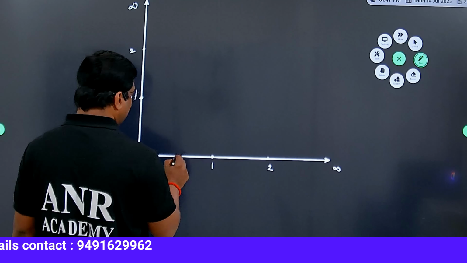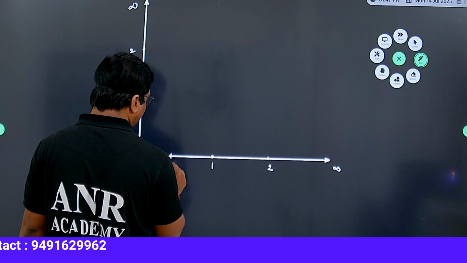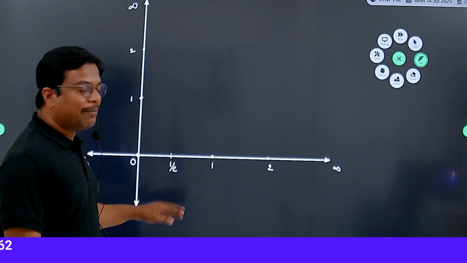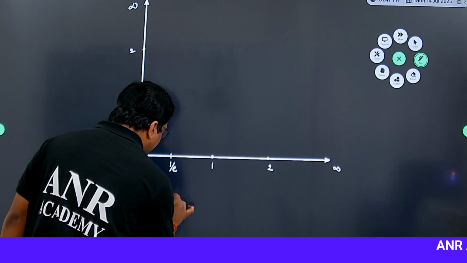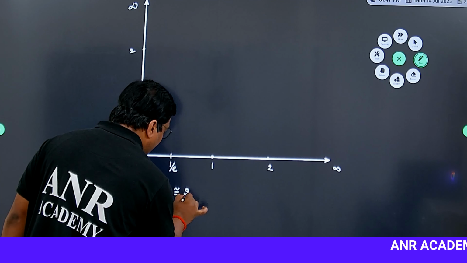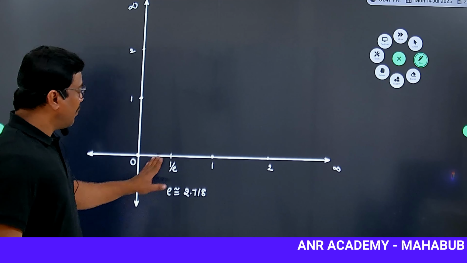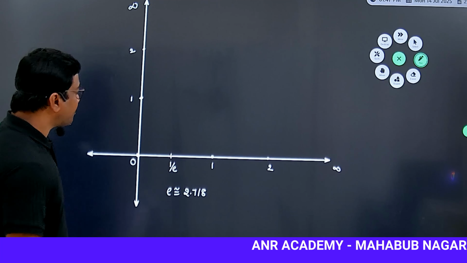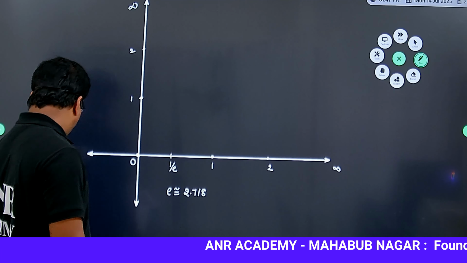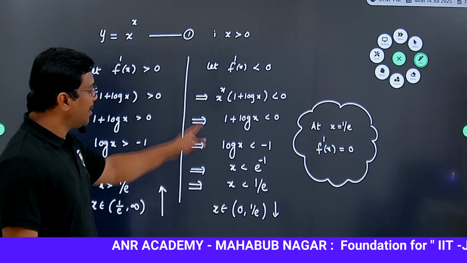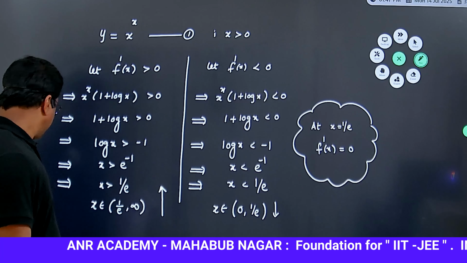suppose that here it is 1 by e. The value of e, the Euler number, is approximately 2.718, remember. So 1 by e is less than 1. And just now we discussed that from 0 to 1 by e the graph decreases.